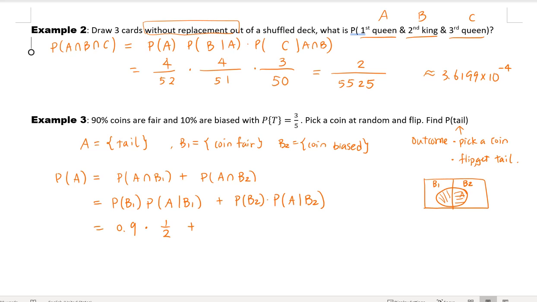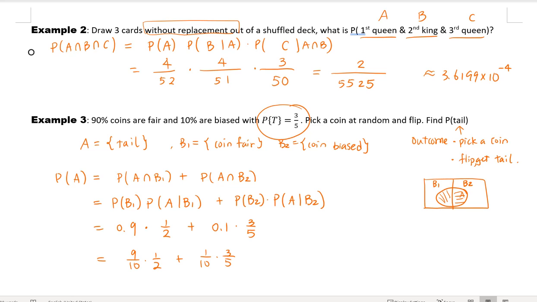And then plus P of B2, which is 10%, so 0.1 times. If we get a biased coin, what's the probability of getting tail? Well, right here, 3/5. And 0.9 is actually 9/10, and this is 1/10.